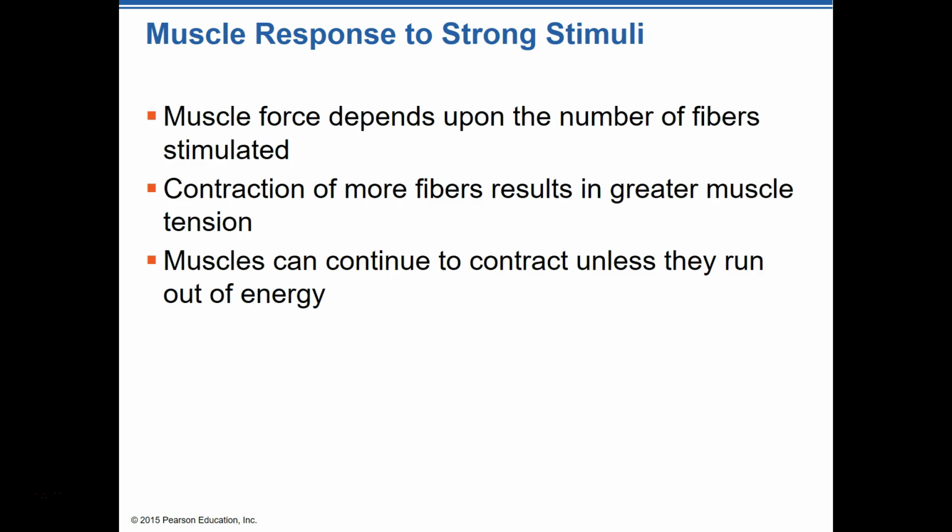This is what happens when we have somebody that is in what we call respiratory failure, meaning that their lungs are not working properly and they're having to breathe really fast and their muscles are getting tired. Breathing muscles get tired just like any other muscle in the body, and they eventually reach the point where they can no longer contract because they don't have enough energy to be able to do it, and they're too fatigued to do it.